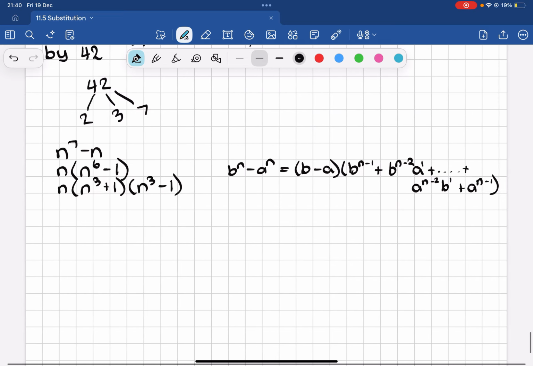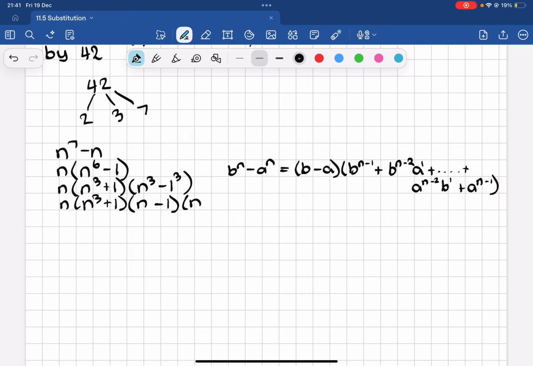So we can use this formula to evaluate n cubed minus 1. So we've got n cubed plus 1. We've got b minus a, so where minus 1 is minus 1 cubed, b minus a is n minus 1.